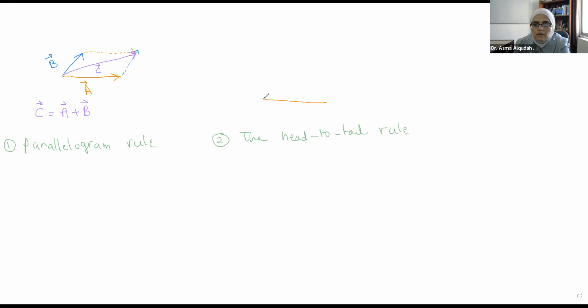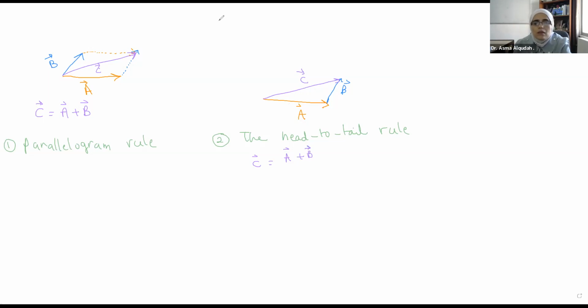This is vector A, and this is vector B. Now what we do in the head to tail rule is draw vector B at the end of vector A. Then the addition, C, which is the summation of the two vectors, starts at the tail of vector A and ends at the head of vector B. Okay, this is vector C. C equals A plus B. This is the case of vector addition.